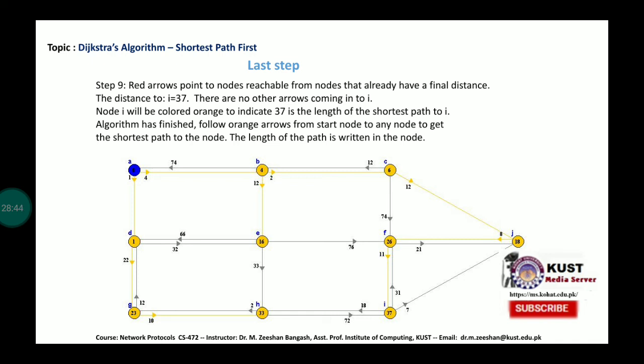So the algorithm is finished, and the length of the shortest path is written in the node, and every node has a value that shows the minimal path from the initial vertex, that is A. So in this way, the whole algorithm has executed over the network and calculated the least path, and updated its value on that node, which after completion of this algorithm shows that it is the minimal path toward that destination.